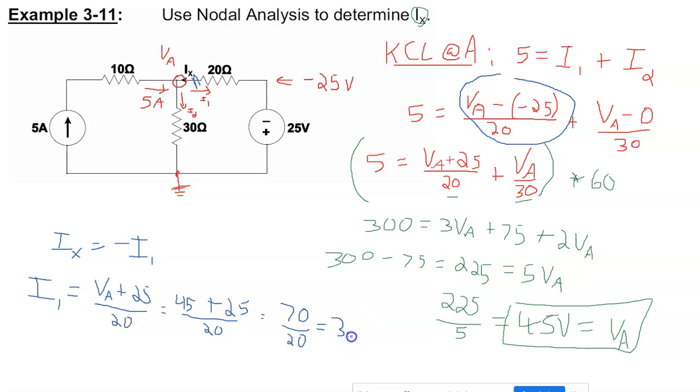And that does agree with our solution from mesh analysis yesterday, right?